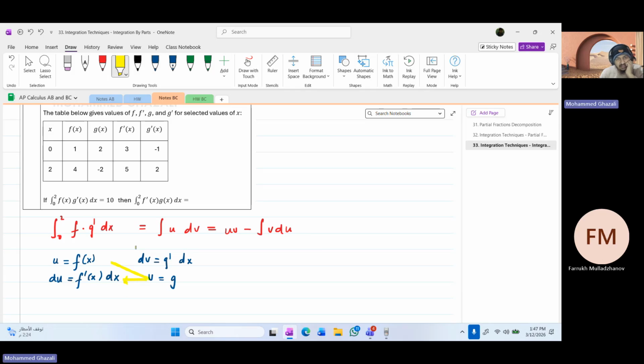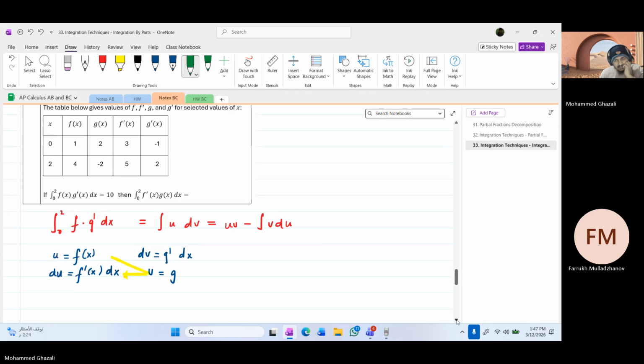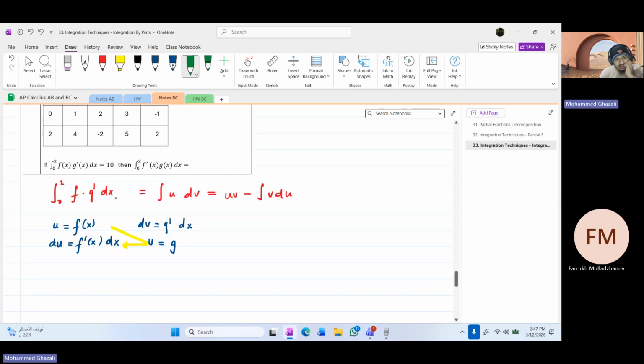So we're going to cross multiply like this and solve. So this part of the integral, call this the integral. So the integral now becomes uv minus, what is uv? u times v is basically, what is u? u is f of x, v is g of x evaluated at 0 and 2. Subtract the integral of v du.